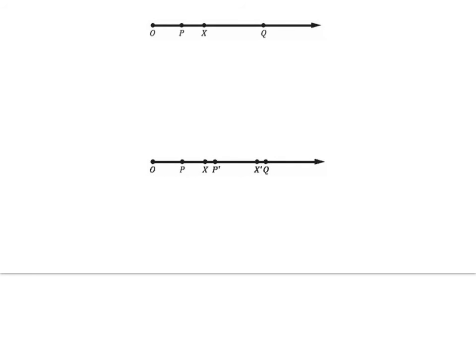So here we have lines where I've added an X. Here I know that OP is going to be less than OX just because of where I placed X. So when I scale, I'm going to have OP prime and OX prime to compare.